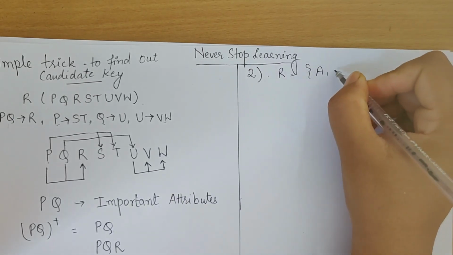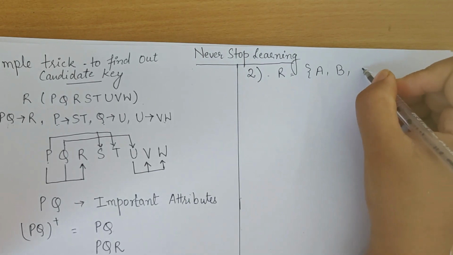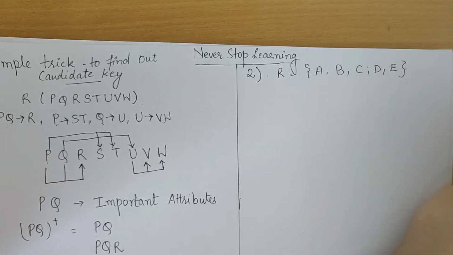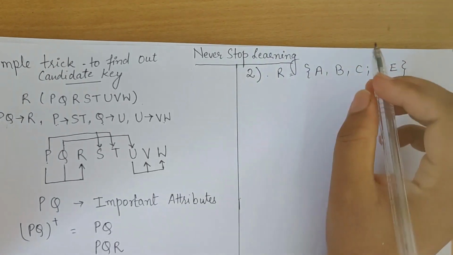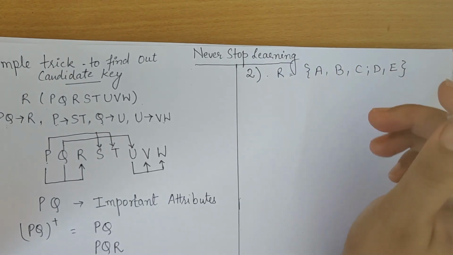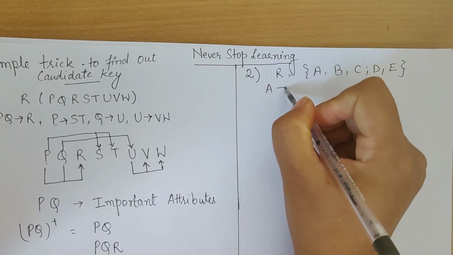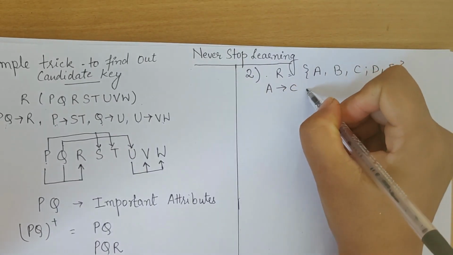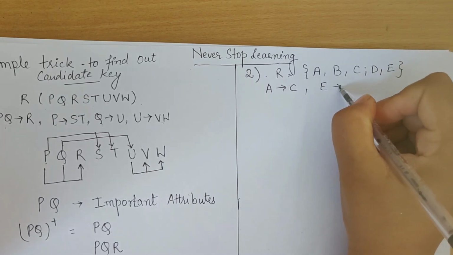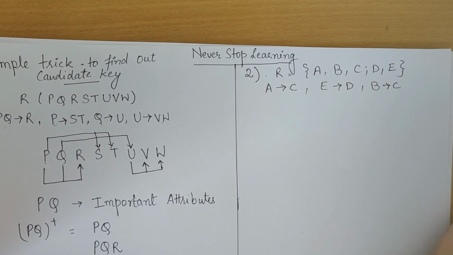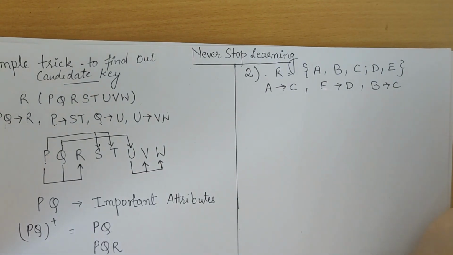In a relation R with attributes A, B, C, D and E, we will find how many candidate keys are present and what they are. The dependencies are as follows: A determines C, E determines D, B determines C.